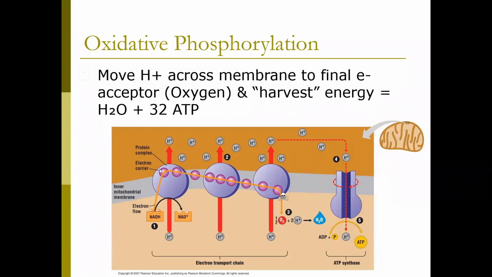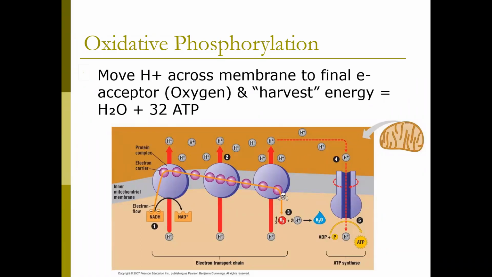So watch the electrons. The electrons are going to pass through the protein complexes. As they're being passed through, eventually they're going to end up becoming part of oxygen as the final electron acceptor.